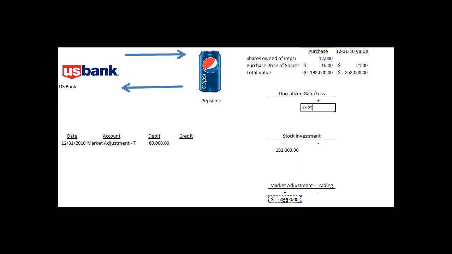It's unrealized because we haven't sold the stock yet, and so we would now credit unrealized gain dash income for the same $60,000. This marks the trading securities to the fair value, and this is done at the end of every accounting period. So that answers the first requirement of this problem.